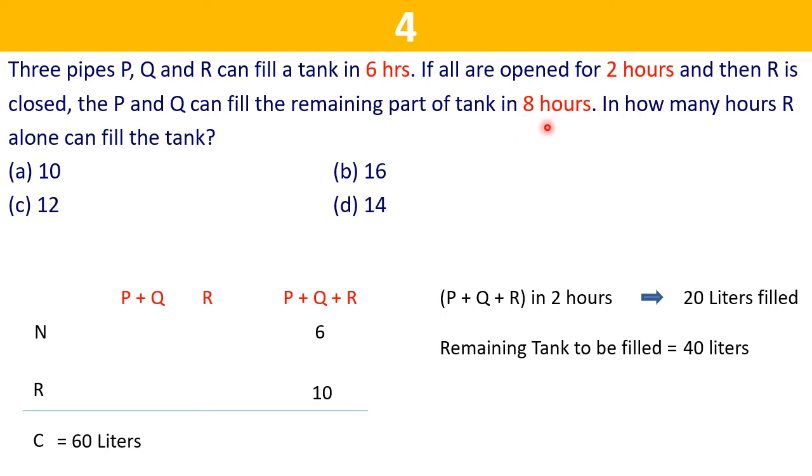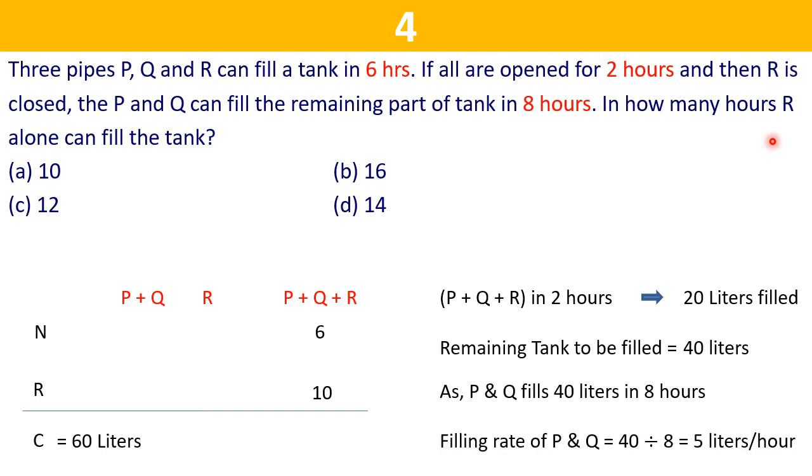From this, can we calculate the rate of P and Q together? Yes. 40 liters of water P and Q fill in 8 hours, so what is the rate of filling? It is 40 divided by 8, that is 5 liters per hour. So I can write in this table here the rate of P and Q together as 5 liters per hour.